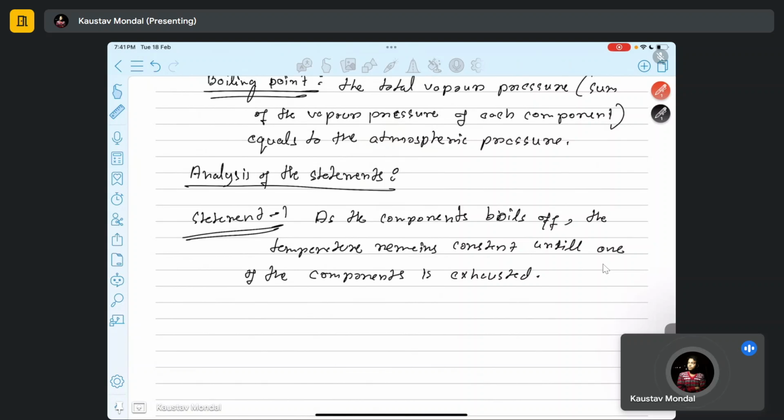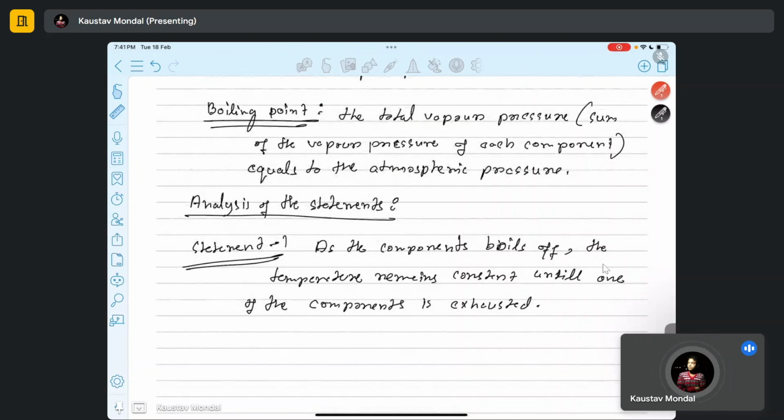So this option, statement one, is true, right? This is true.